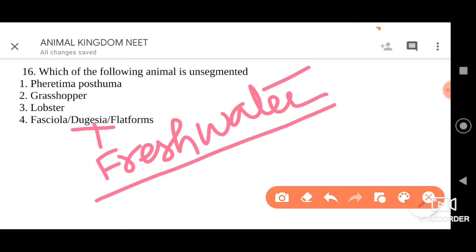So fasciola is unsegmented, Dugesia is unsegmented. As a whole, all the organisms which are flatworms, which belong to the phylum Platyhelminthes, are unsegmented in their body, externally as well as internally. So please go for option 4. The right answer is fasciola, Dugesia and flatworms.